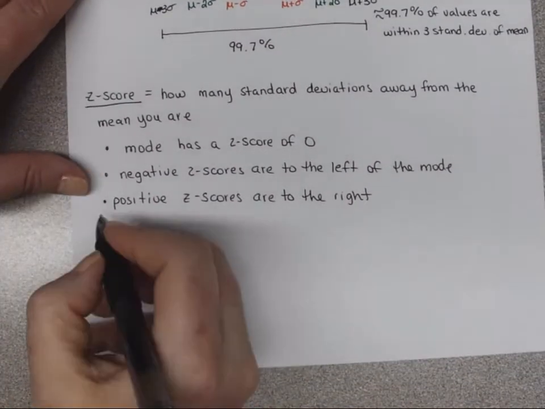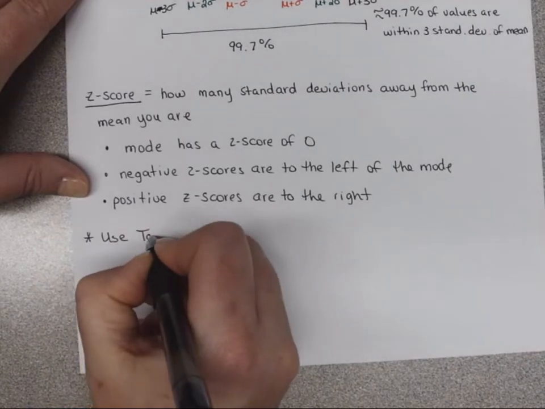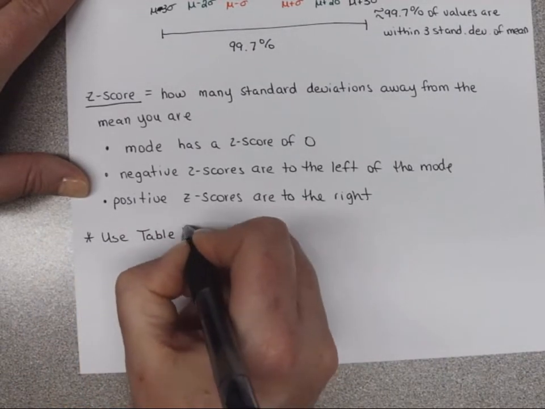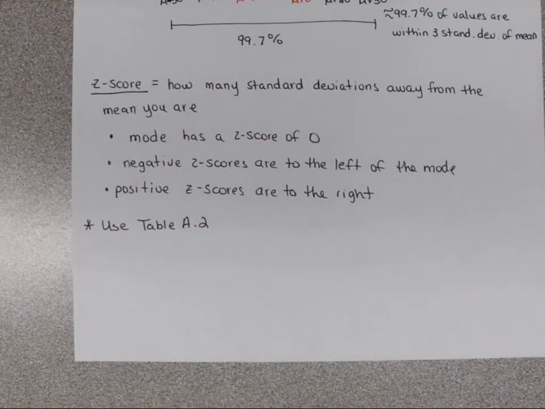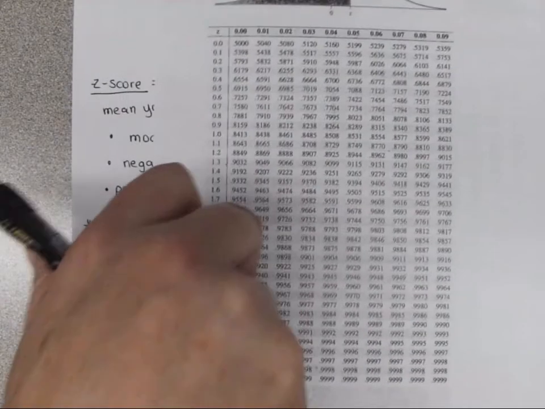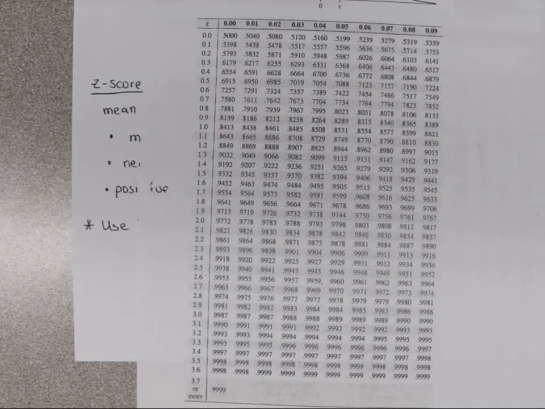Okay, so we're going to begin using a table. You need to get out your table A.12. It looks like this. Don't let the look of this overwhelm you.